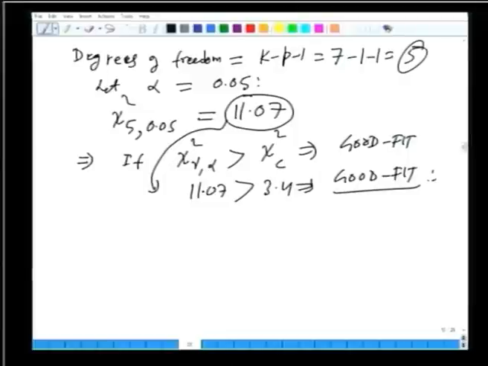Okay. All right. So what is the conclusion of carrying out this chi-square test? Well, there are various ways of saying it.